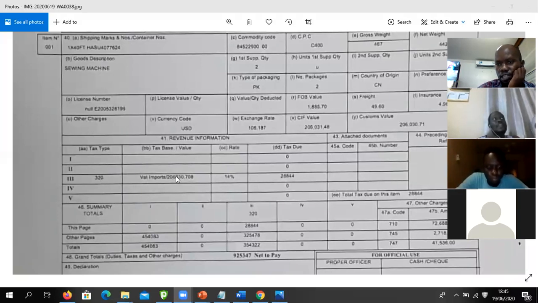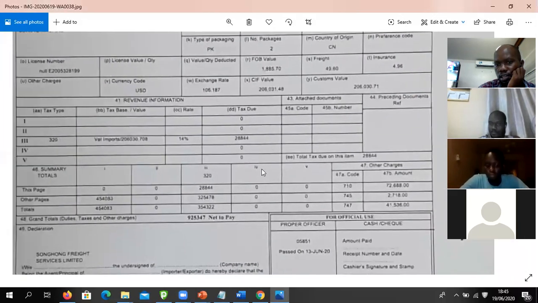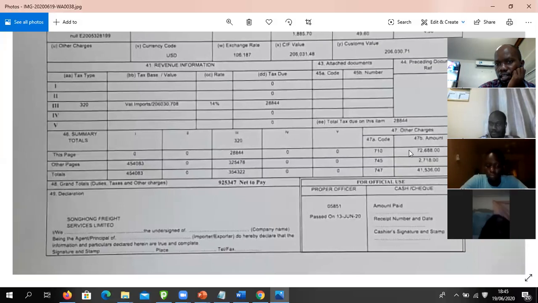It has only VAT, which is currently at 14%. So VAT being at 14%, they were able to pay this amount of money. And other charges here, other taxes here, whose code includes 710, 745, and 747.